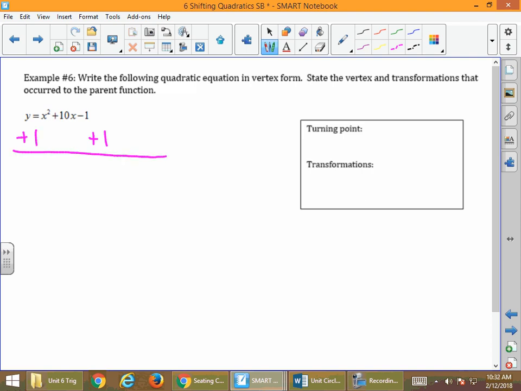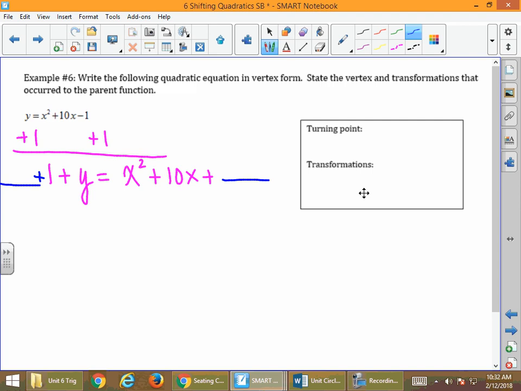When we add 1 to both sides, I'm going to write 1 plus y over here on the left. There's nothing wrong with you writing y plus 1. And it equals x squared plus 10x plus something. And since we're adding something to the right side, we need to add something to the left.